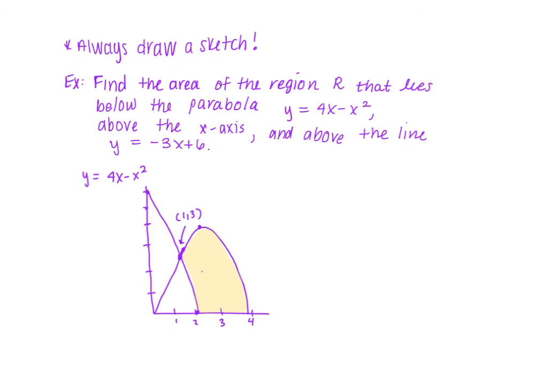And you'll notice that there's no clear boundary. You can't do just one integral because there are two different functions that make up this boundary. So here's your y equals negative 3x plus 6, and this is y equals 4x minus x squared. So what you have to do is split it into two different regions right here.